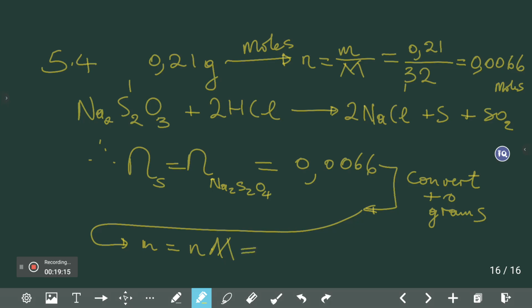You have 2 sodium, from your periodic table, sodium is 23, plus 2 sulfurs, 2 times 32, plus oxygen. Add all those, whatever you get is going to be in grams.